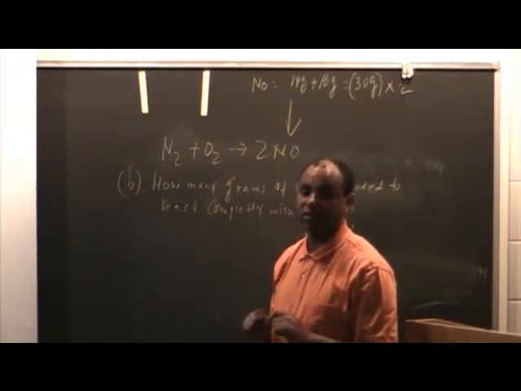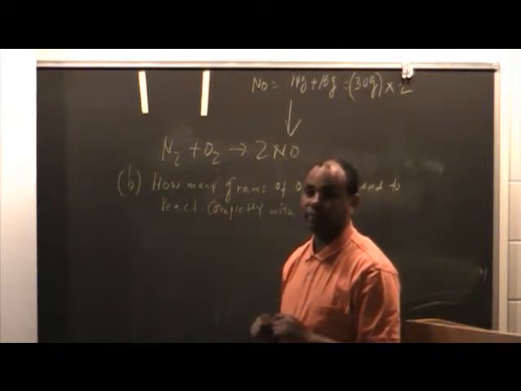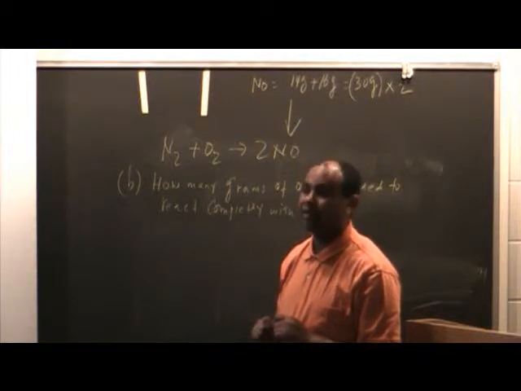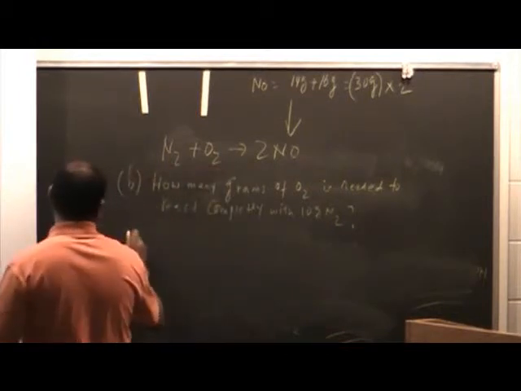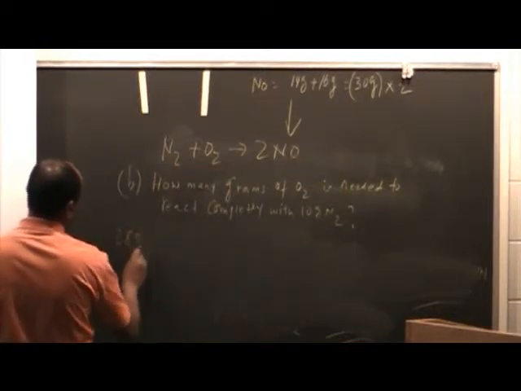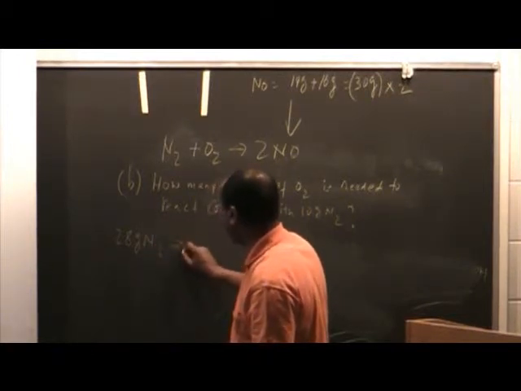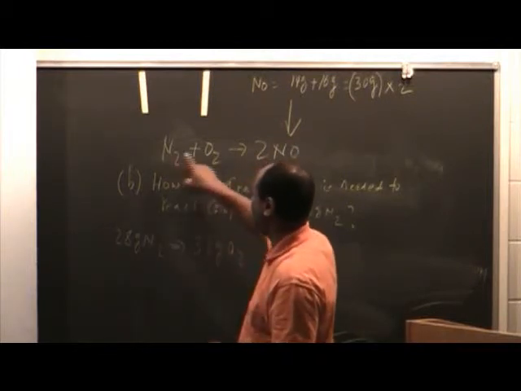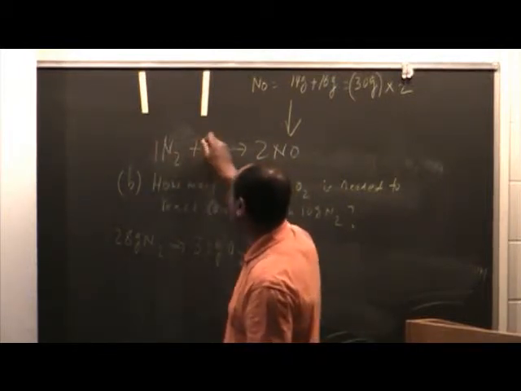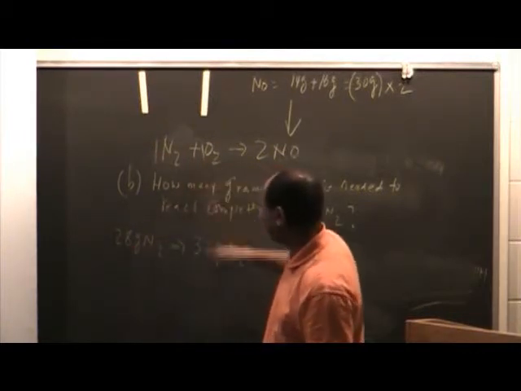How do you answer this? What's your approach? 28 grams of nitrogen reacts with 32 grams of oxygen. Yes. According to this, 28 grams of nitrogen needs 32 grams of oxygen, because the ratio is 1 to 1. 1 mole of nitrogen is 28 grams. 1 mole of oxygen is 32 grams.